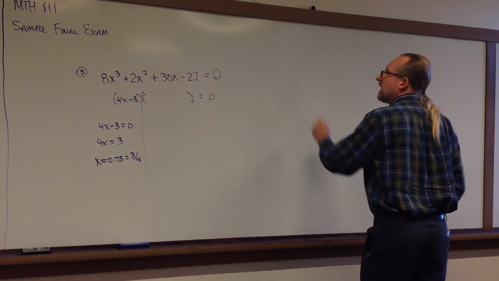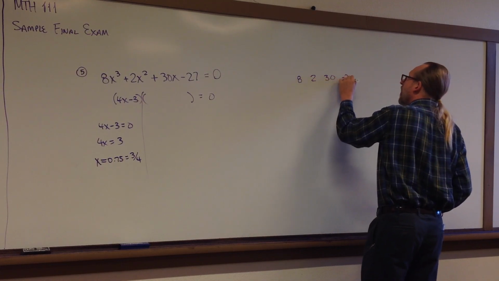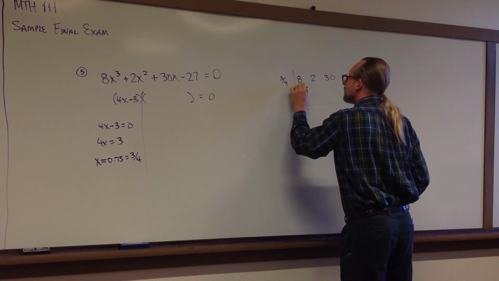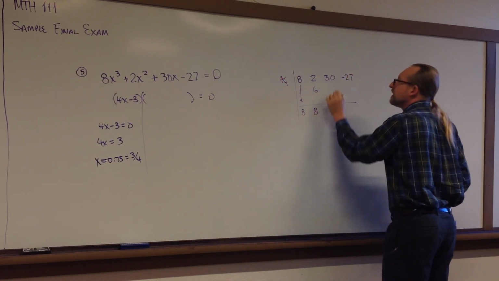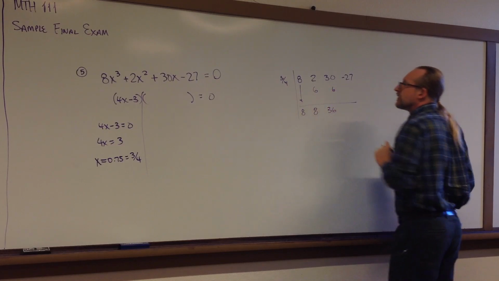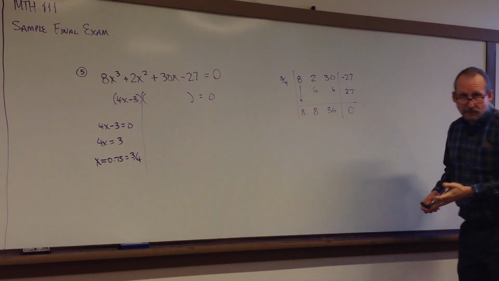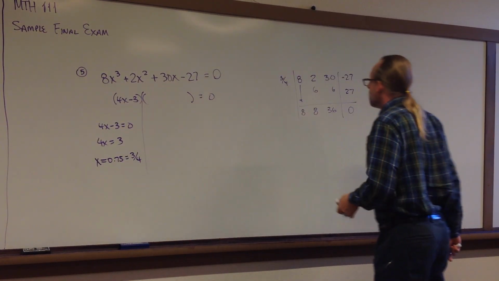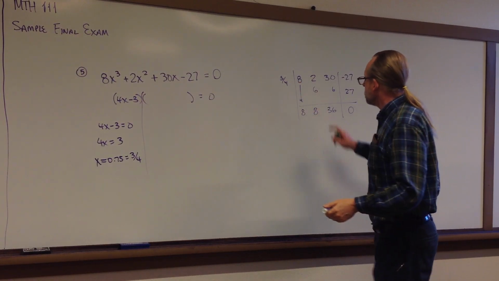Okay, well now let's do the synthetic division. And we'll do that with 3/4. So that would be 6, 8, 6, 36. 3/4 of that is 27. There's our 0 remainder, which we should be getting so long as this is a root. And then what's left here, remember that we've got the common factor of 4 that we need to get rid of.